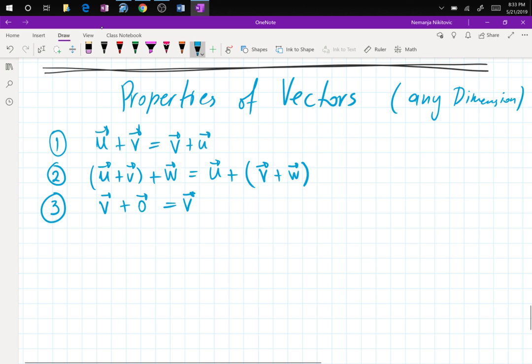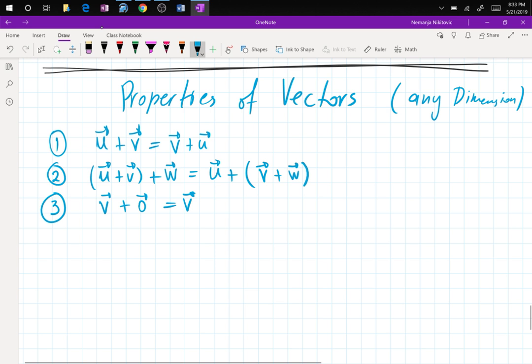0 vector is technically just the point at the origin, because 0 vector has no direction to it, because it has no components to calculate your arctangent, and also the magnitude of the 0 vector is 0, which means it has no length.